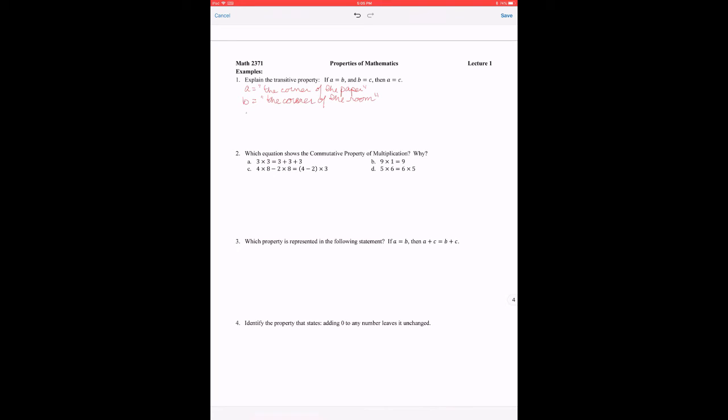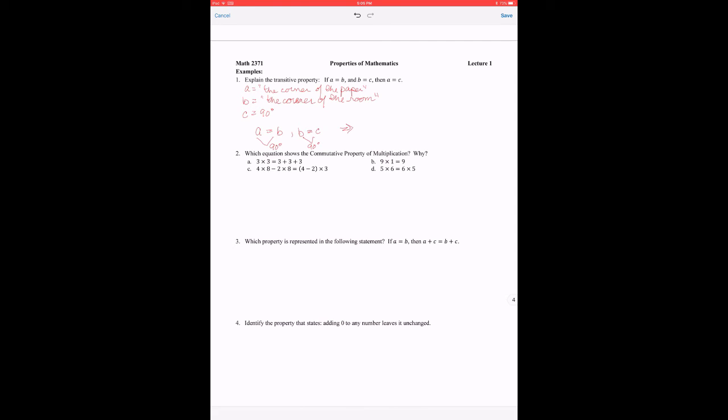Then C is 90 degrees. All right? I know that A equals B because they're both corners. Okay? I know that B equals C. This is because they're both 90 degrees.